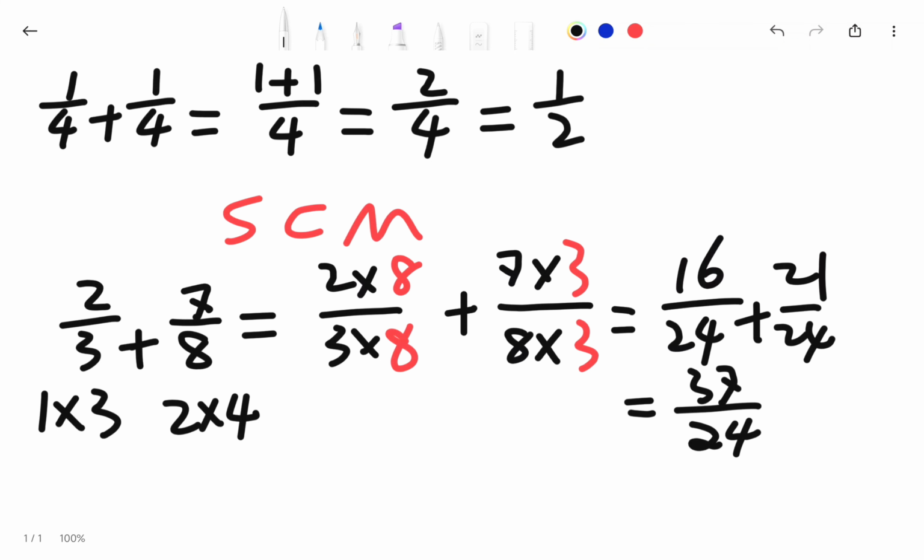Right. Always make sure the answer is in its simplest form. In this case, we cannot simplify 37 over 24. So that is the final answer.